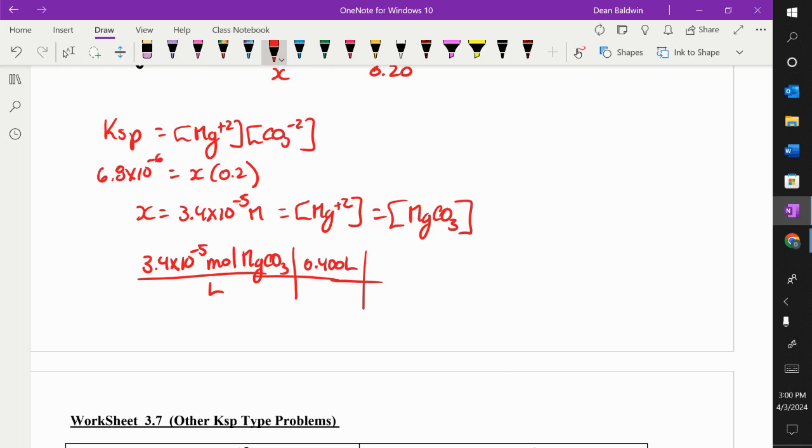Anybody know what the molar mass of magnesium carbonate is? 84.3? That's what I have. I got 148.3 grams per mole is the molar mass of magnesium carbonate.